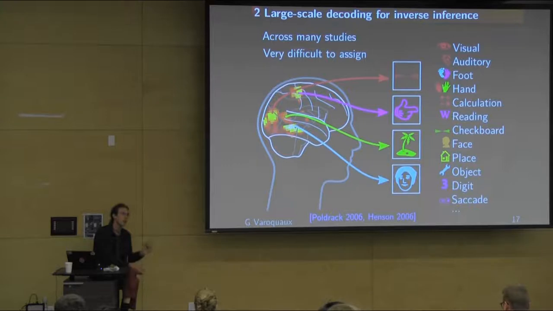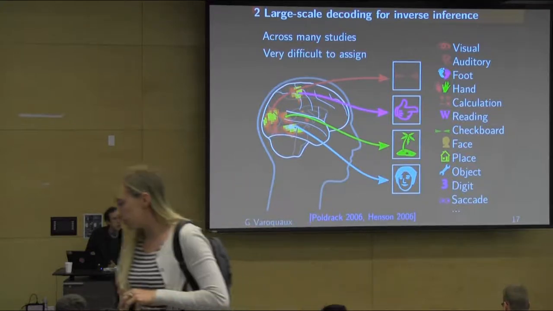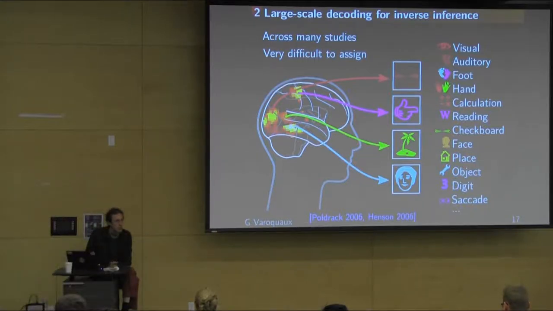And if they reliably find a brain region that supports decoding for a specific aspect of a stimuli across many different studies, then maybe they can claim that this brain region is specific to this aspect of the stimuli. I'll come back to this, but this is a bit of a motivation for why we are going to do decoding. It's not the only way of thinking about decoding, but this is how I think about decoding.